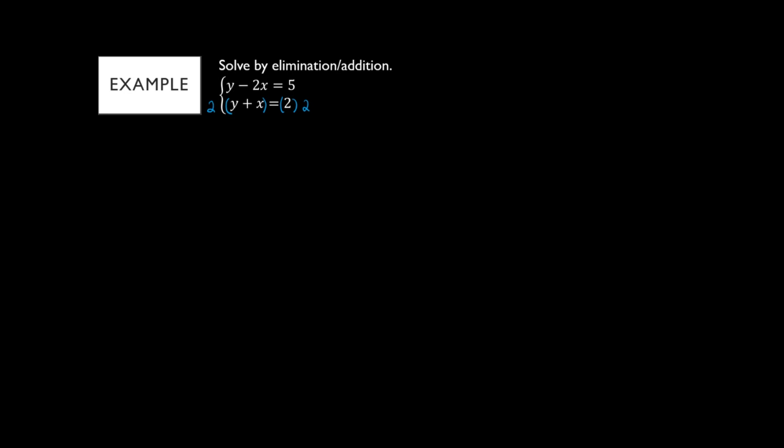And so I indicate that. And so that gives me 2y plus 2x equals 4. Now my other equation is still y minus 2x equals 5. So I've basically multiplied so that I have coefficients that are the same but opposite, and we add the equations together.